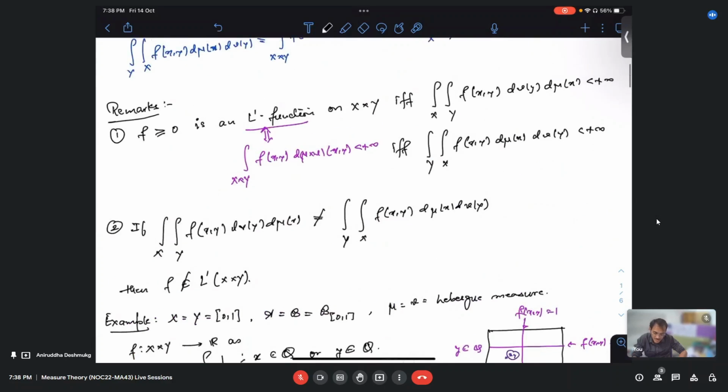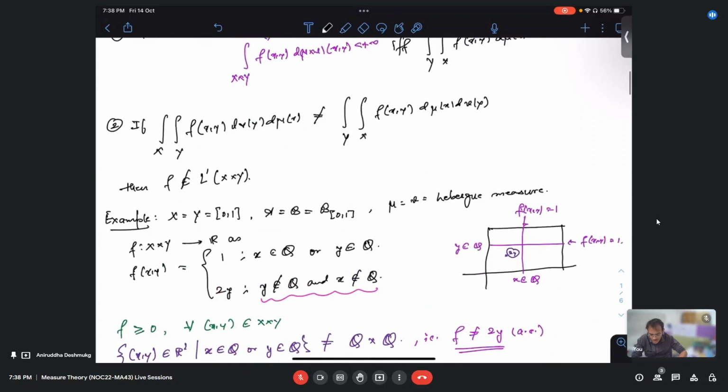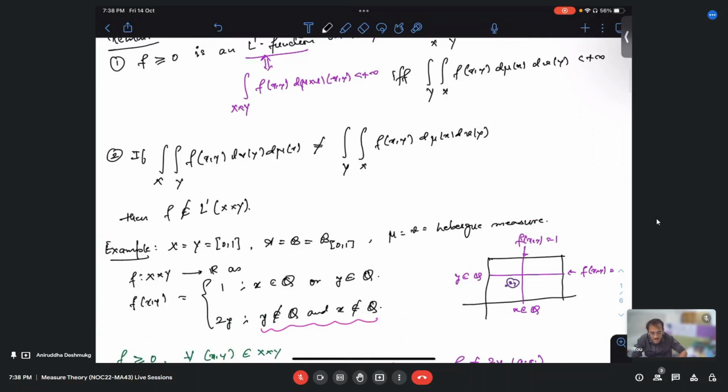So we have seen the first one throughout, that under the assumption f is non-negative, one of these becoming finite makes f L1. And if we drop the assumption that f is non-negative, then this may not be true. We have seen that these two integrals are equal, they are very well finite, but f is not an L1 function. That is what we have seen. Now, just for this remark too, let us see one thing.